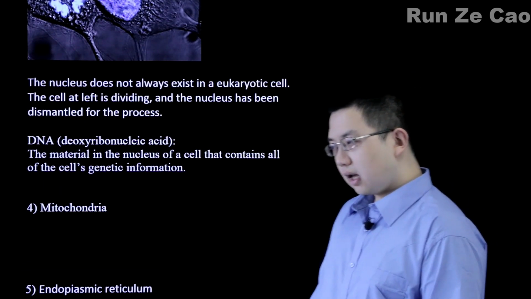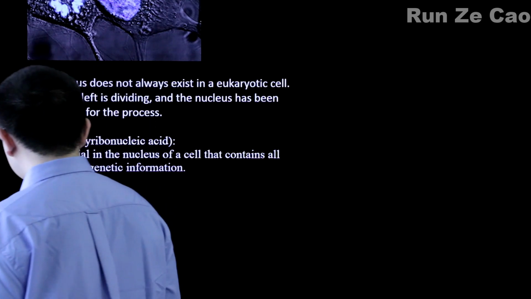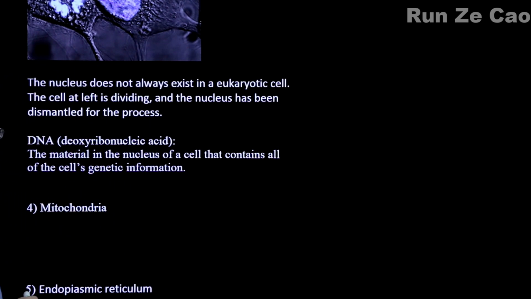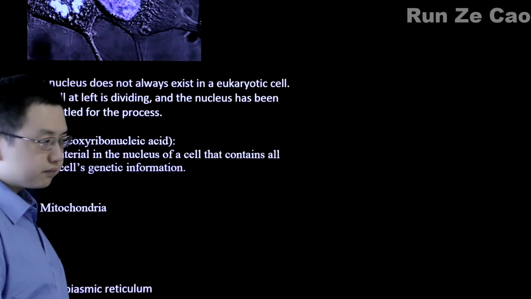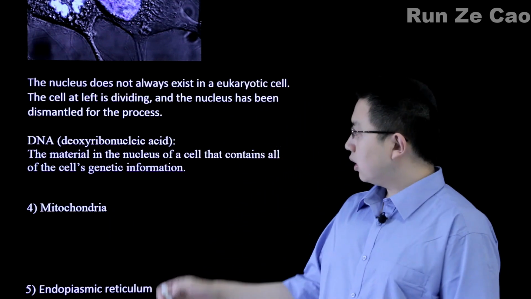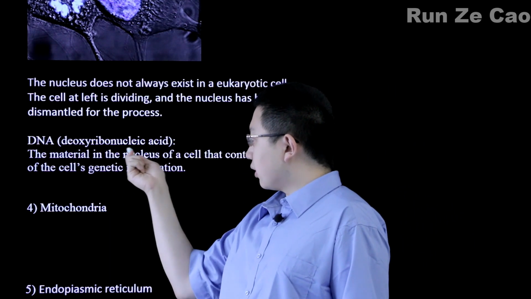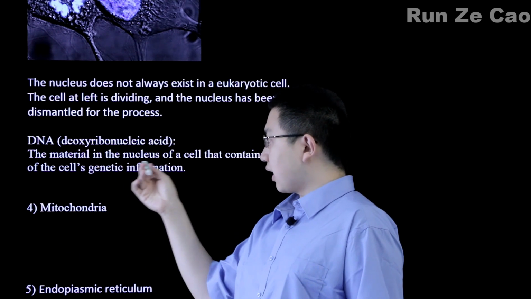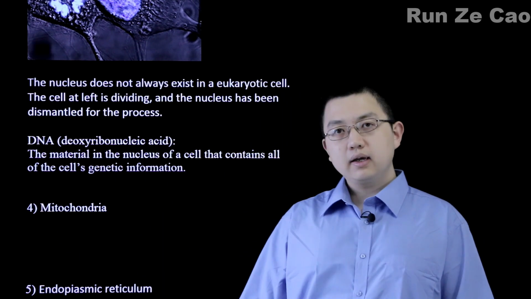Now, DNA, deoxyribonucleic acid, is a material in the nucleus that contains genetic information as we know it. It is possible that early in life's history there was an RNA world. Instead of deoxyribonucleic acid, we used ribonucleic acid instead.